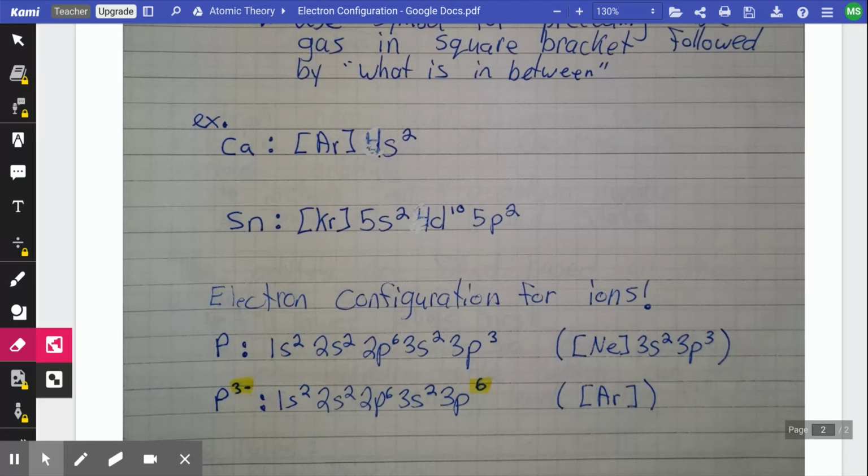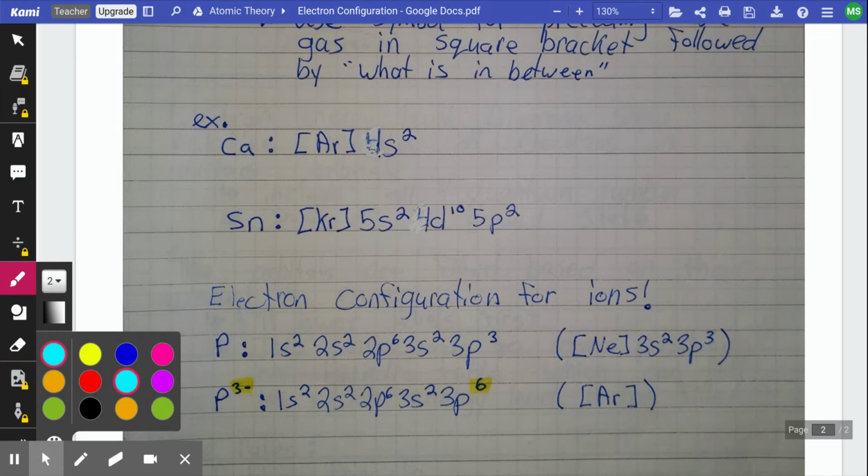So because it's gained 3 electrons, that last orbital, it did have 3, but now it has 3 more. And so the phosphorus ion has an electron configuration ending with 3p6 because it has 3 more electrons. And its abbreviated version is no longer Ne 3s2 3p3 because it now has the exact same configuration as an argon atom.